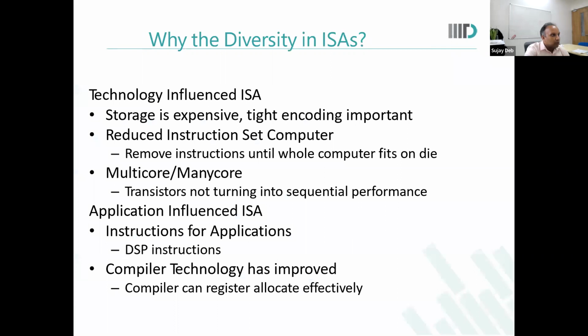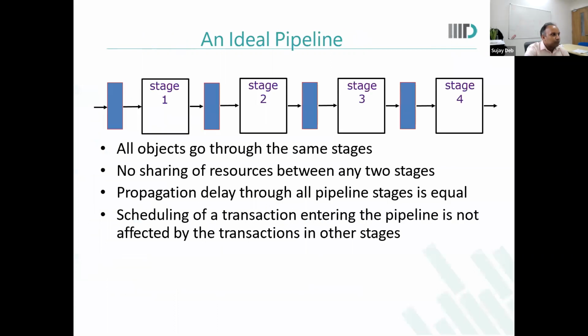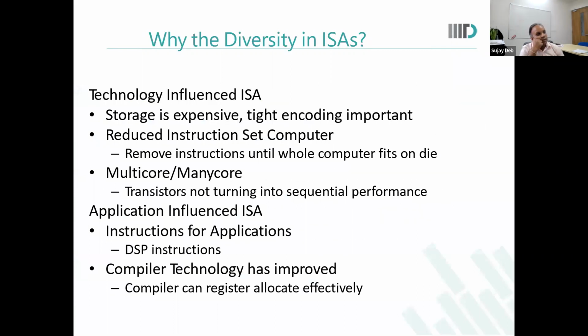So why this diversity in the ISAs? Because of several reasons, the way things evolved. Ideally, let's say I want to design a processor. Let's all of us sit together and say that by the end of this course we will have an ISA for our processor.